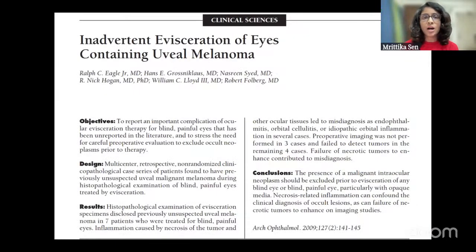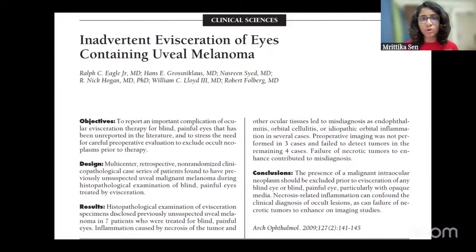All right, now this was another important study which was published by Eagle et al. It was a series of 7 cases where there was inadvertent evisceration of eyes which contained uveal melanoma, and this was published in the Archives of Ophthalmology.